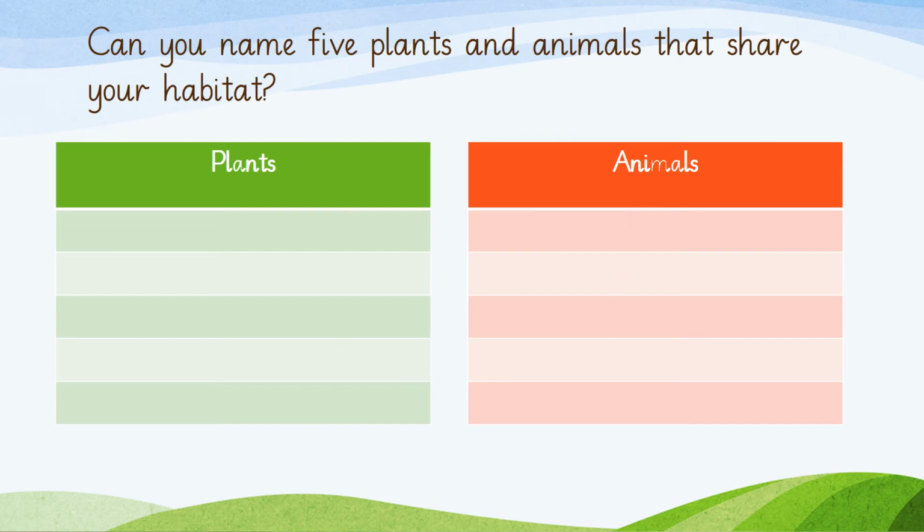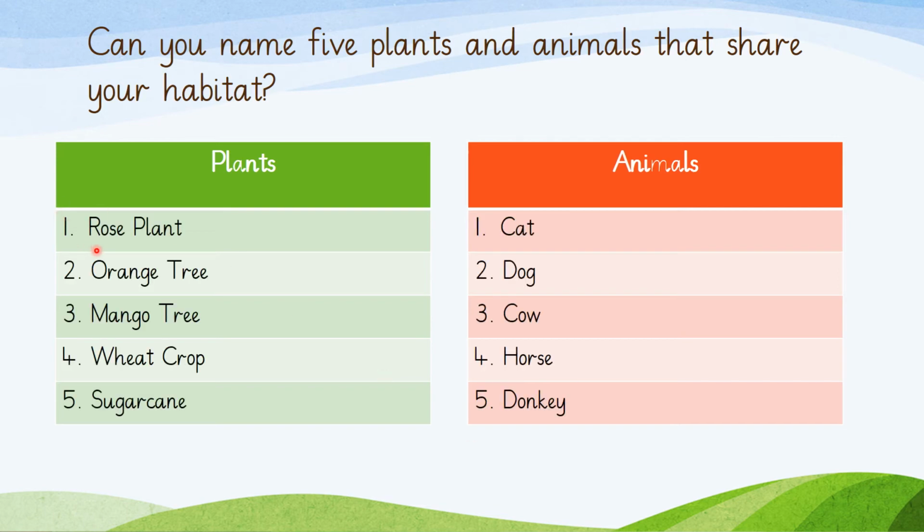You may find some of the following plants and animals present in your area: rose plant, orange tree, mango tree, wheat crop, and sugarcane. And for animals, you may find cat, dog, cow, horse, and donkey. These are some of the most common plants and animals that are present in the area where us human beings live.